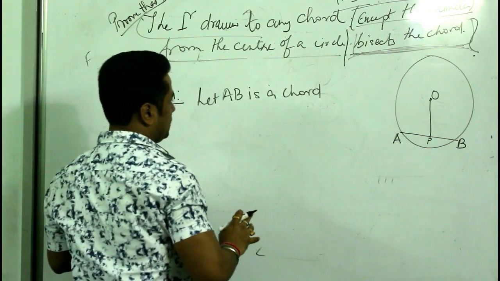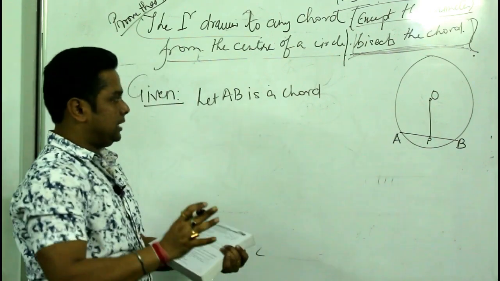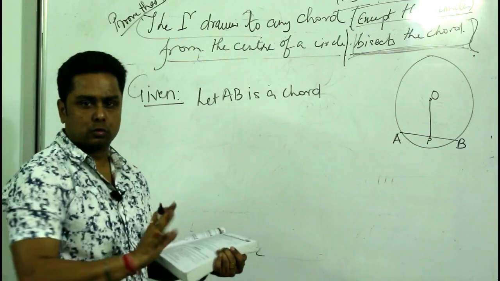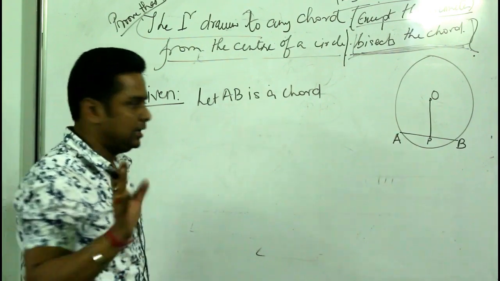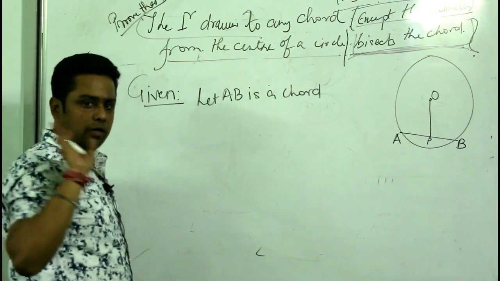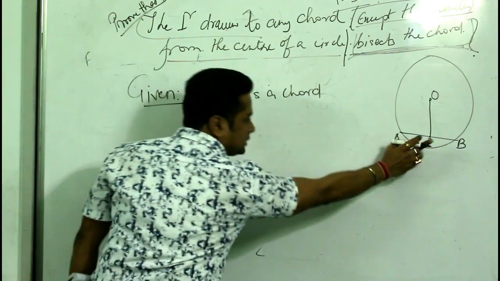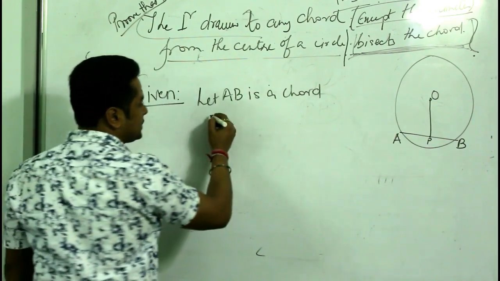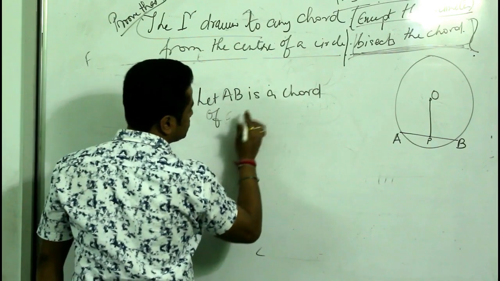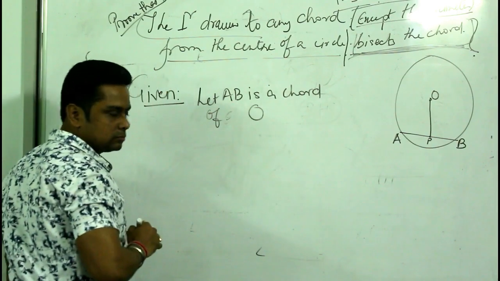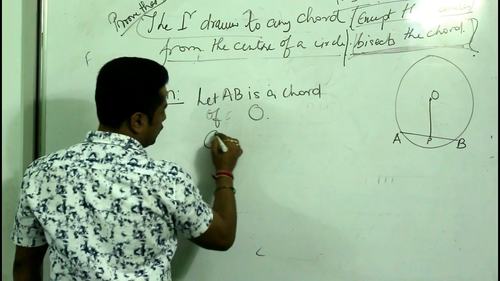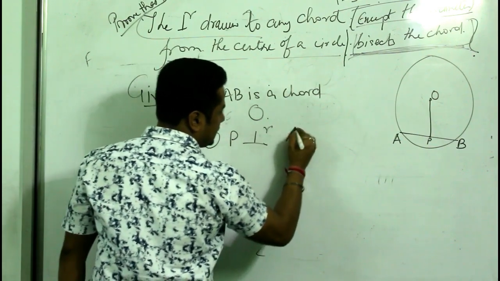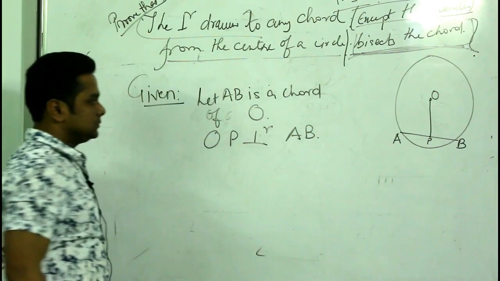See, there is a lot of language. Let me first explain you. You know I don't go through books. I don't like the book language. Let me explain in my own words. Okay. You relate it. AB is a chord of the circle with the center O, and OP is perpendicular to AB. This much is given.